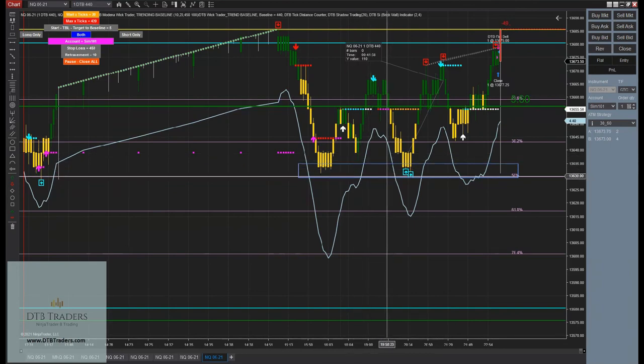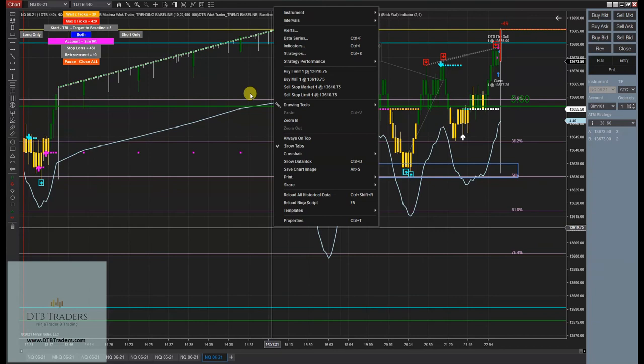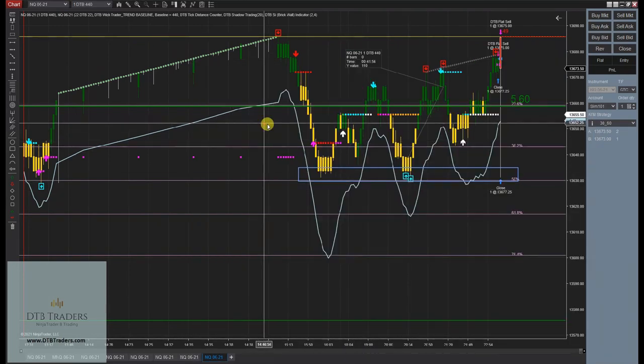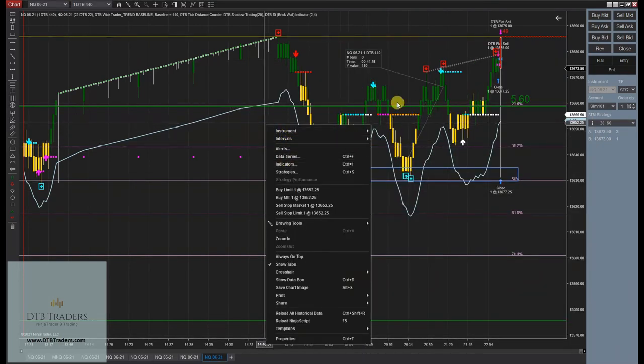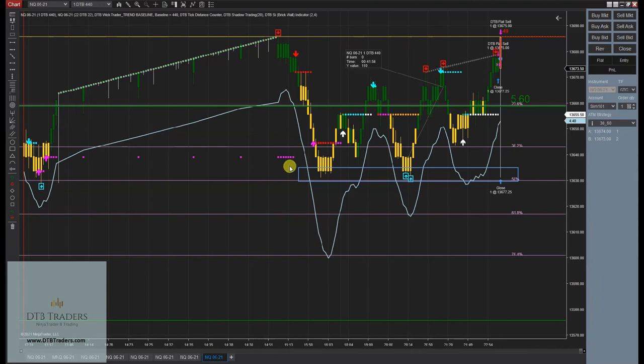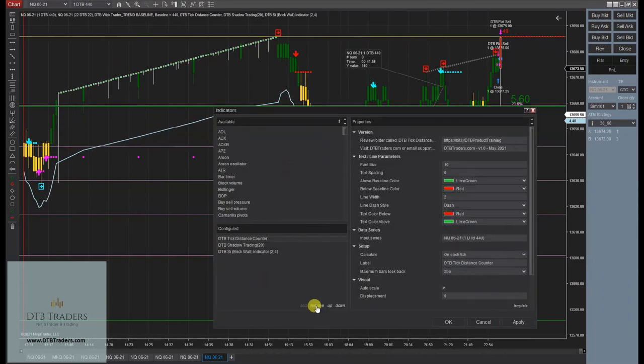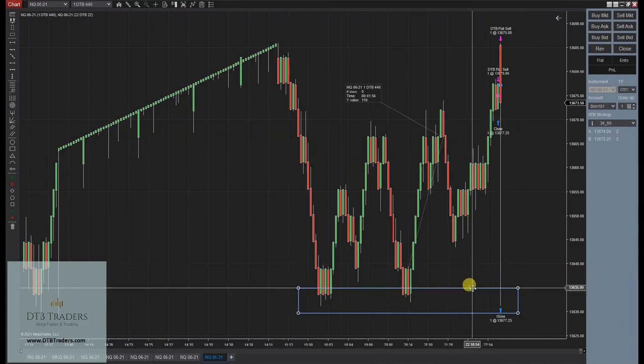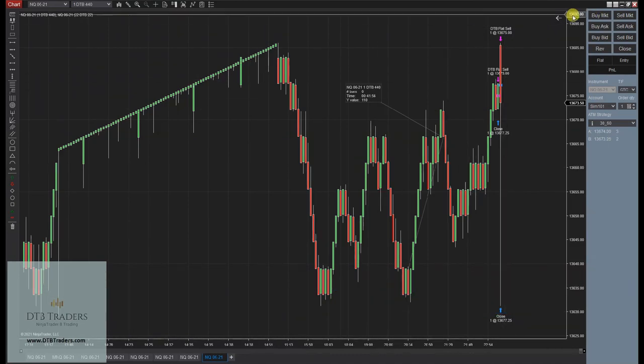But we're going to look more into the actual setting up of the strategy and working with the different indicators to identify the best times to enter and exit the markets, as well as combining a few of the indicators onto different charts to help us identify price movement and trading opportunities.